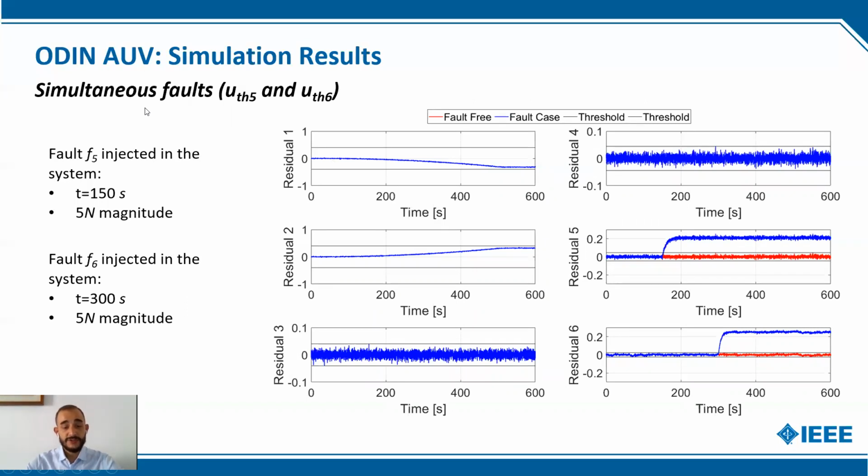During the simulation, 2 faults were injected at different times, one on the 5th actuator and the second on the 6th actuator. As you can see, the dedicated residual set responds indicating that faults have occurred on the 5th and on the 6th actuator.